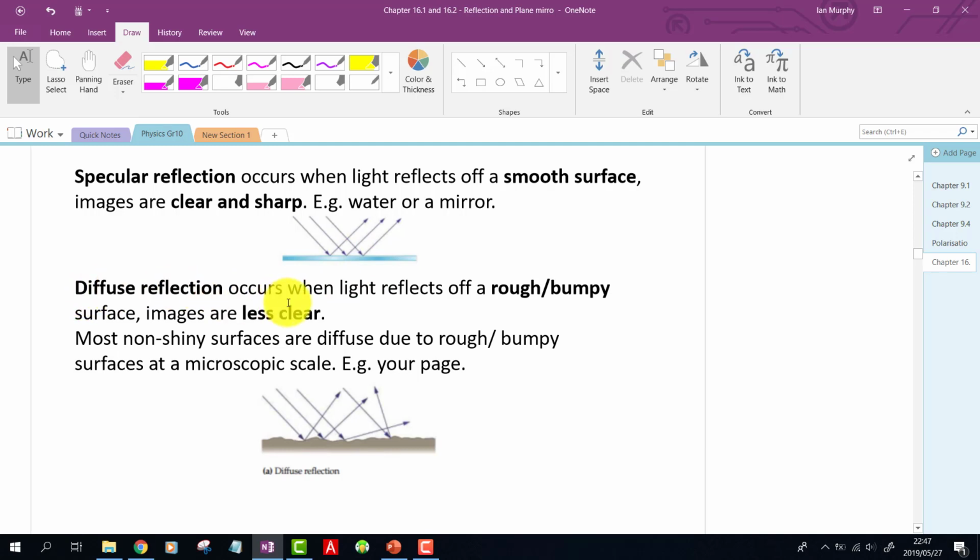Diffuse reflection occurs when light reflects off a rough or bumpy surface. Images are less clear. Most non-shiny surfaces are diffuse due to rough, bumpy surfaces at a microscopic scale. Example, a page. This is what the reflection looks like, and that's why the image won't be clear.